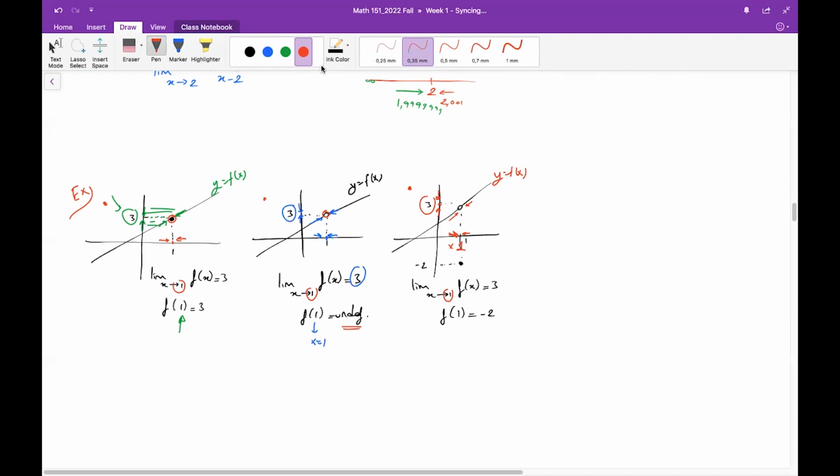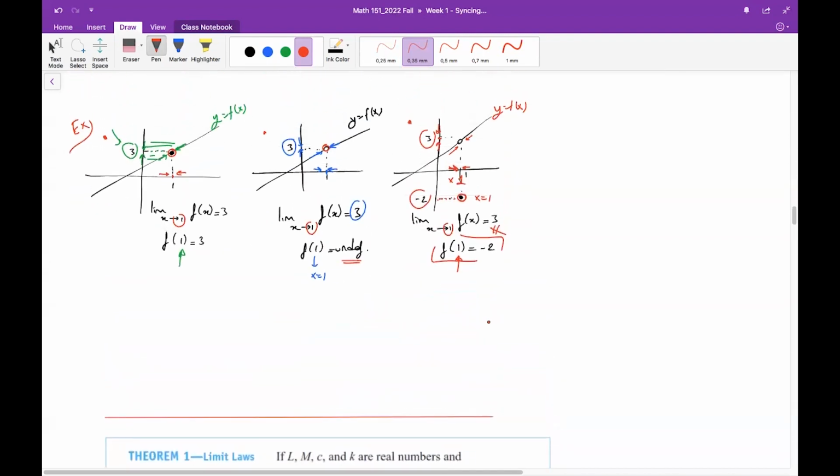The difference is that your function is now defined at x equals 1 as minus 2. You see, the function is defined, but the defined value doesn't have to be the same as the limit. The limit may still exist even if your function is defined differently at that particular point 1. Limit is 3, while the evaluated value is minus 2 in this example.